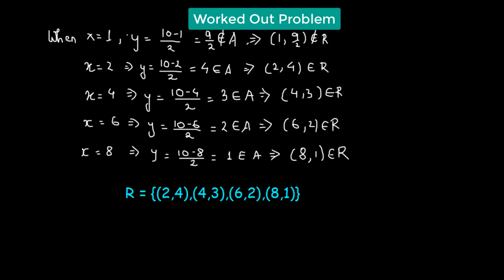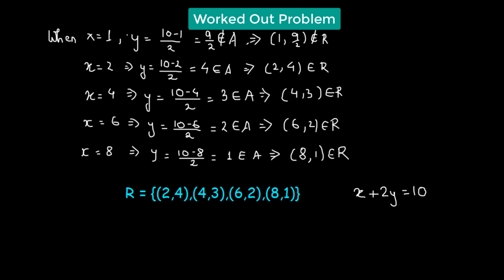Our relation R will contain these 4 ordered pairs: (2, 4), (4, 3), (6, 2) and (8, 1). This satisfies the condition that x plus 2y is equal to 10.